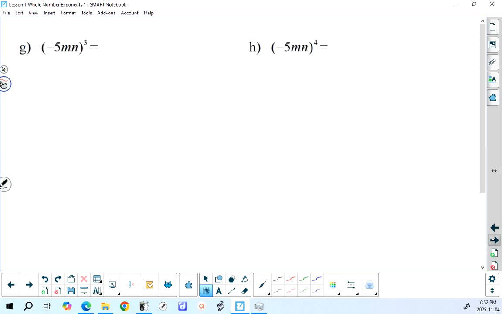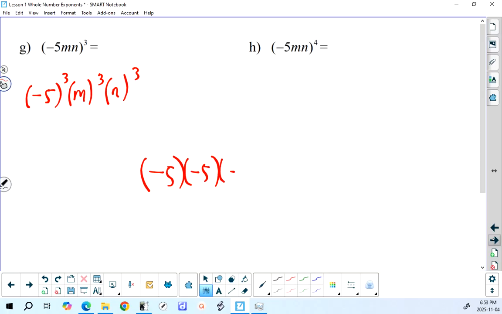Negative 5 mn quantity to the 3 means negative 5 quantity to the 3 times m to the 3. We don't need the brackets around the m because it's not negative, but I'm going to put them anyway. And then n to the 3. So negative 5 to the 3, negative 5 times negative 5 times negative 5.